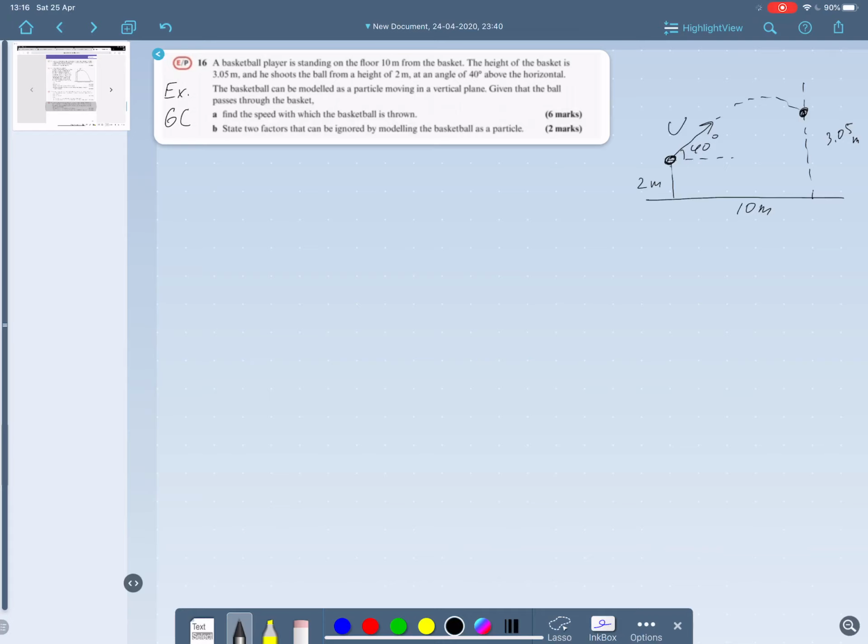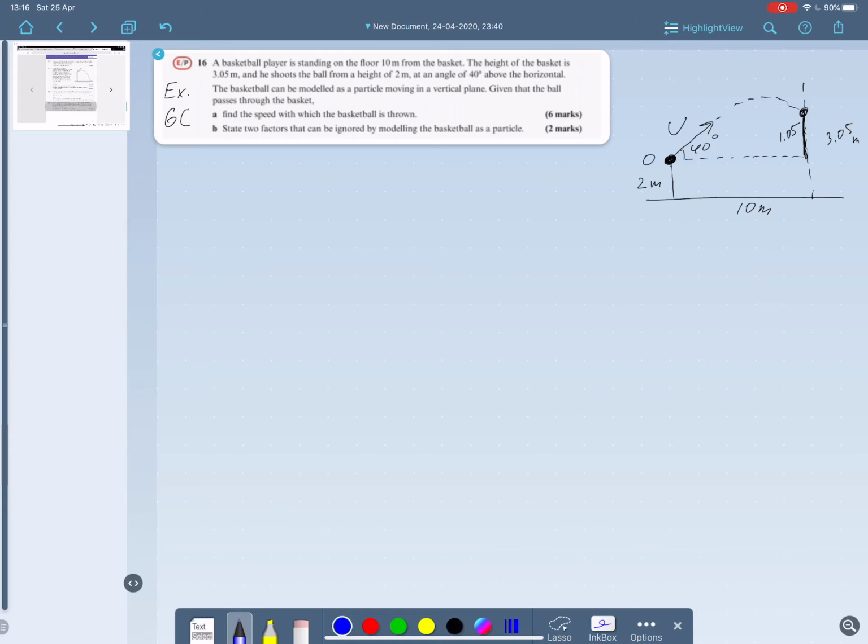Now, if you draw the line across, you can see that this vertical distance is 3.05 meters. Take away 2 meters, it's 1.05. We need to do this because, remember, we're going to measure all the distances, all the displacements from the point of projection O.